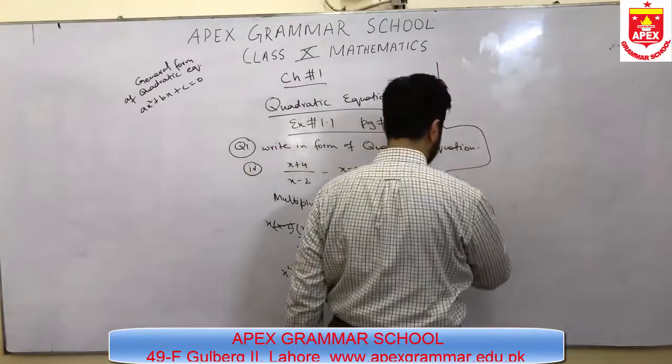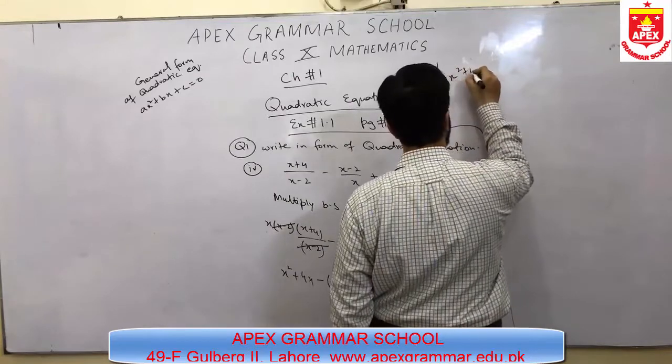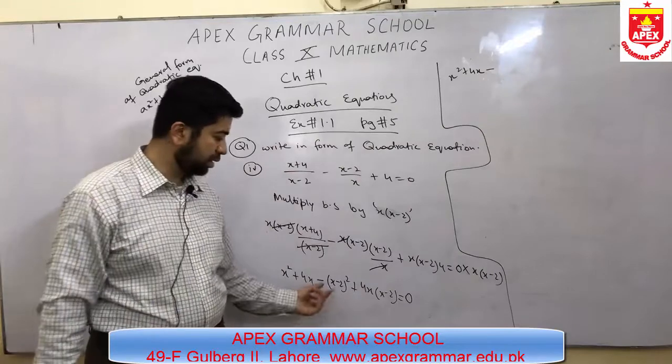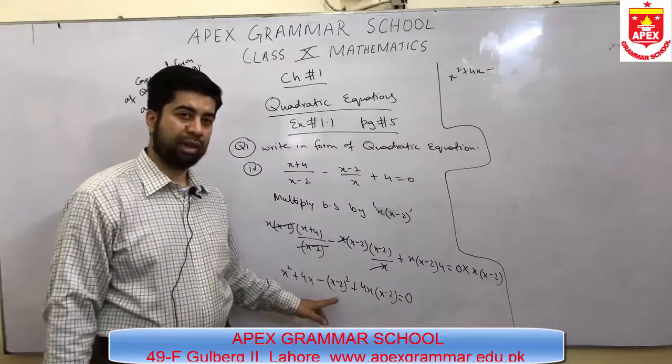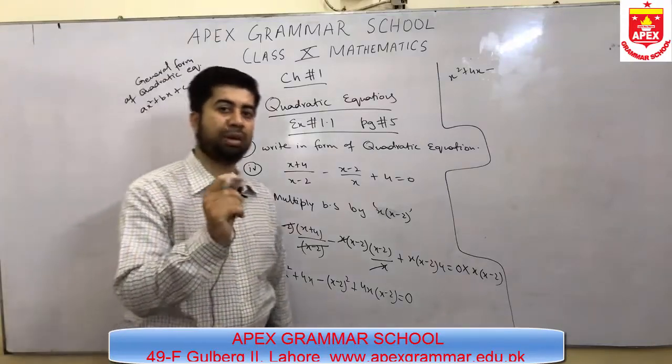After that, write it now: x square plus 4x minus, after that minus sign, you have to open the square. Now you know that a minus b whole square is a square plus b square minus 2ab.